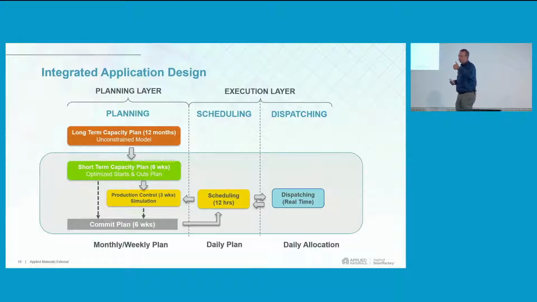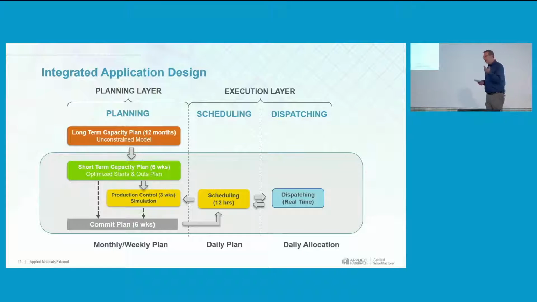Selecting from many lots to one tool type to one moment in time. It happens in real time. The difference in scheduling is it looks over a time horizon and it looks across a whole other set of tools. And so the scheduling is a many to many to many in terms of number of lots, tools in the fab, and points in time.